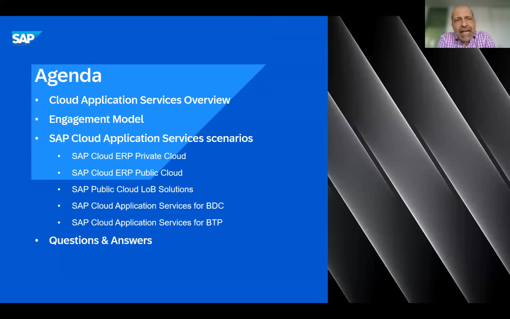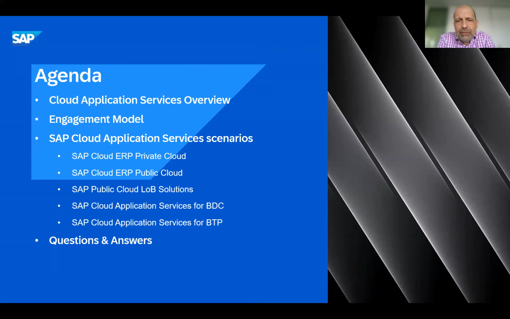And then, as we have different offerings within Cloud Application Services, I would like to show you a little bit the differences between our offering, for example, for private cloud, where you normally have also some responsibilities from customer side, which could be taken over from CAS, but also we have the Cloud ERP Public, of course, and for all the other cloud LOB solutions, various offerings.